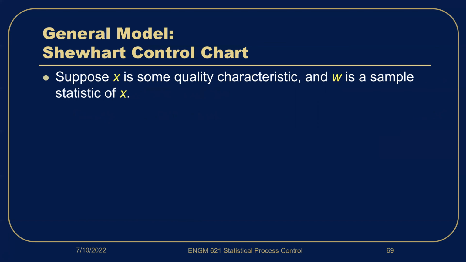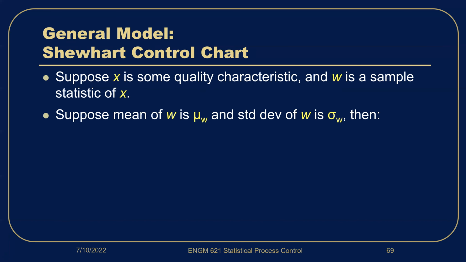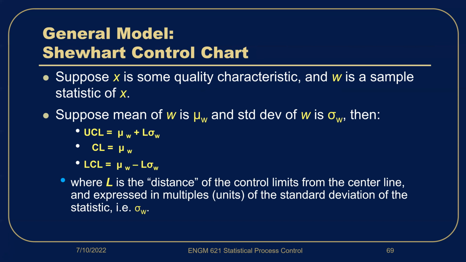Let's briefly review the general model of Shewhart control chart because it is also applied to the X-bar chart and R chart. If X is a quality characteristic and W is a sample statistic of X, then the control chart mean is mu W, the standard deviation is sigma W, and the upper and lower control limits are mu W plus and minus L times sigma W. L is the distance of control limits from the center line.